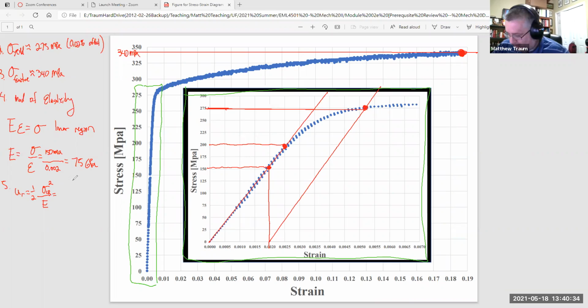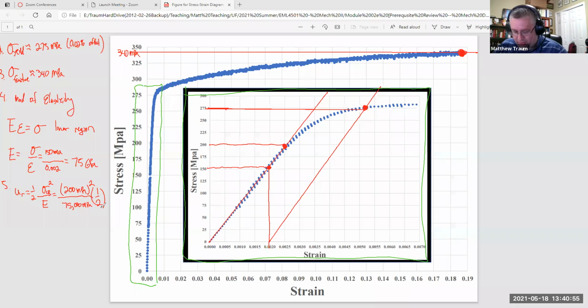And I'm going to say 200 megapascals squared divided by my Young's modulus, which is 75,000 megapascals. And I forgot the factor of 1/2, so I'll put it out there. So there's the factor of 1/2.